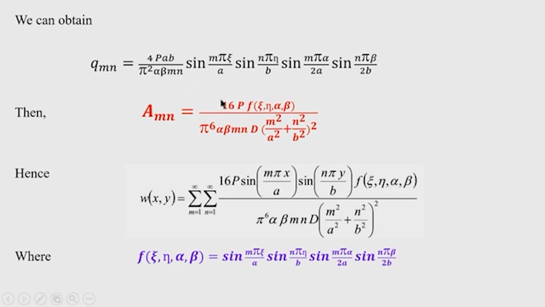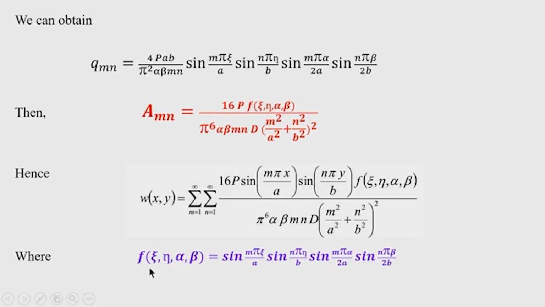Ultimately we get 16 P divided by pi to the power 6 alpha beta m n into D (m square by a square plus n square by b square) whole square, and this function f of xi, eta, alpha, beta. Xi, eta are the coordinates of the center of the load, the centroid of the load, and alpha, beta are the dimensions of the load.